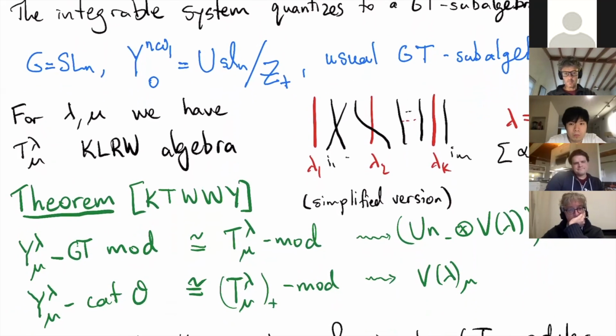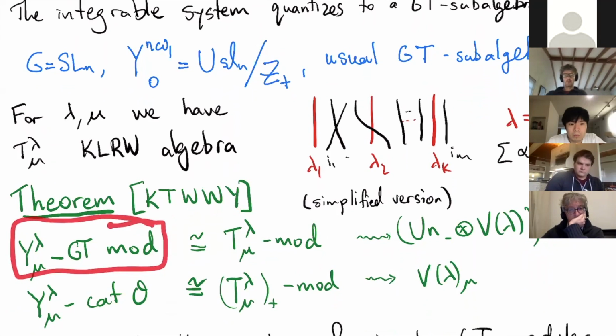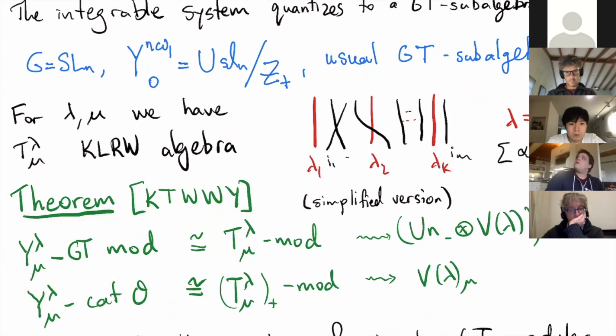Let's state it here. So this is again with Tingley, Webster, Weeks, and Jacobi. So we studied the category of Y lambda mu Gelfand-Tsetlin modules. So this is the category of modules for our truncated shifted Yangian, such that its Gelfand-Tsetlin algebra acts locally finitely. So it decomposes into generalized eigenspaces for this Gelfand-Tsetlin algebra, so kind of generalized weight spaces in some sense.